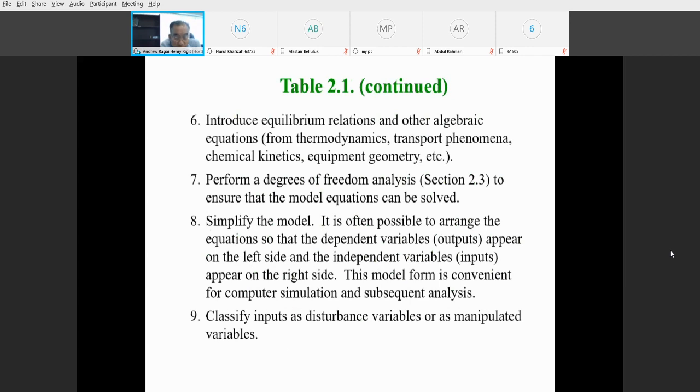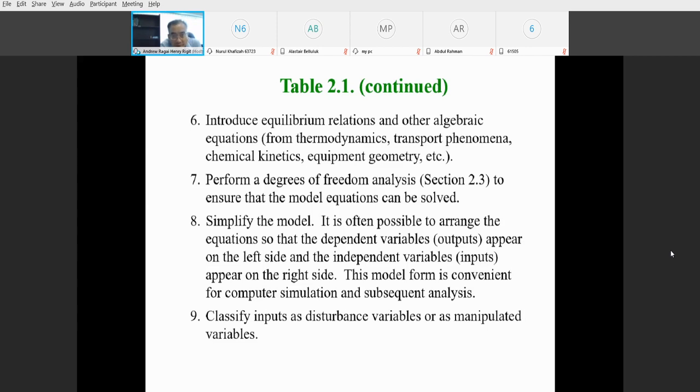Transport phenomena is mass transfer. Thermodynamics is normally with regards to heat or energy. Transport phenomena is the terminology used in chemical engineering when we're talking about mass transfer.